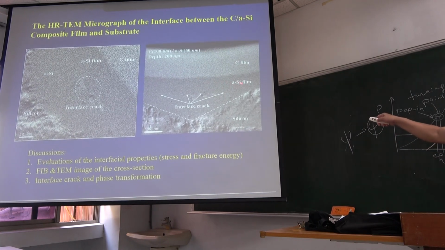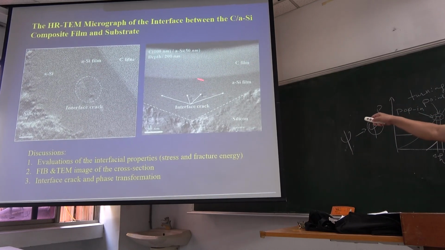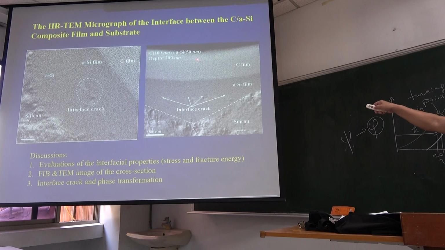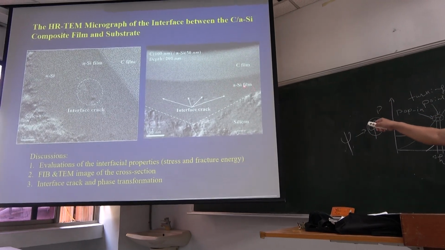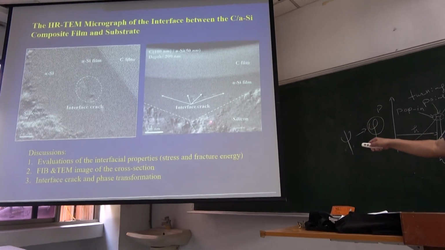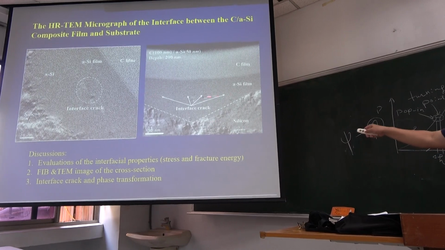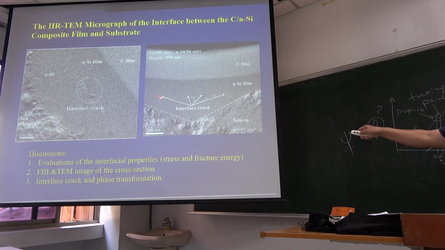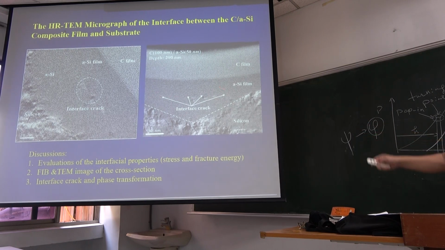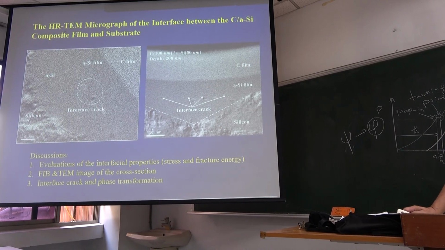This is the amorphous silicon film, and this is the carbon film. They have the diffraction, right? Because you have a higher load, you'll find that this amorphous silicon film's structure is different from your single crystal silicon. So at the interface of the amorphous and the single crystal silicon, you'll find they have a crack, a micro crack or nanoscale crack.